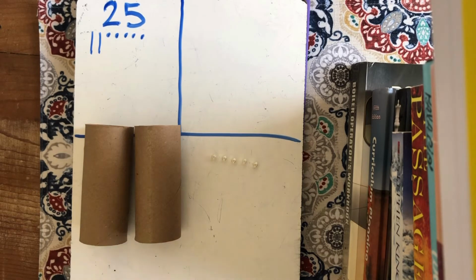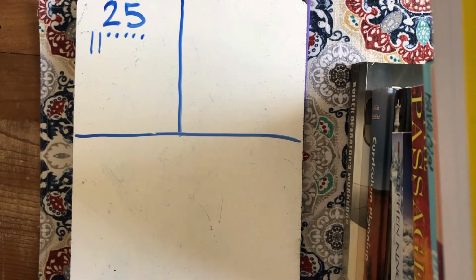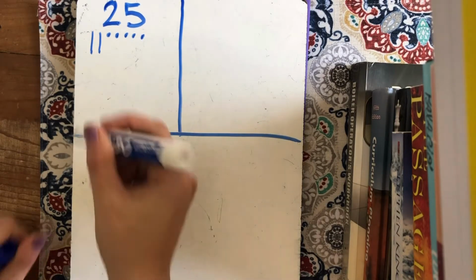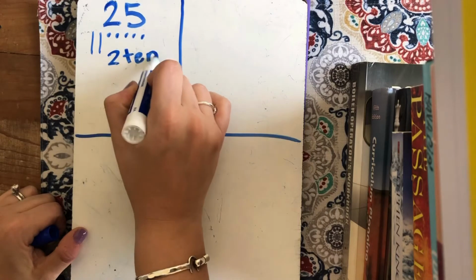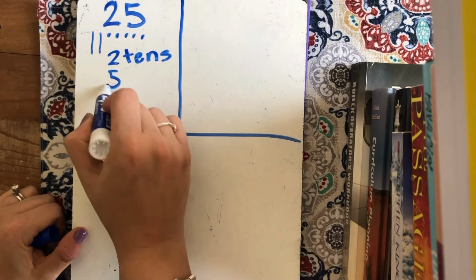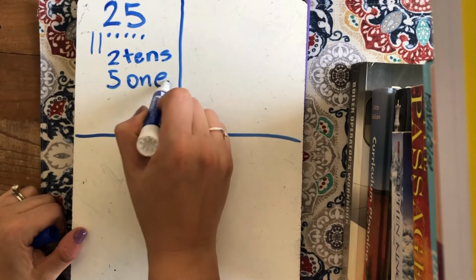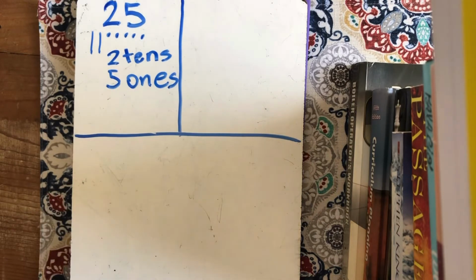So like I was saying before, feel free to get creative with what you use to represent your tens and your ones. Now we are going to write 25 has 2 tens and 5 ones. And that is our place value of 25.